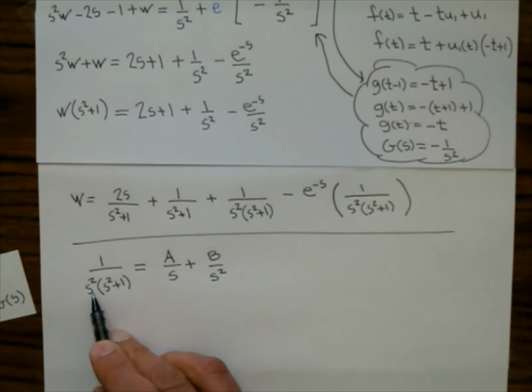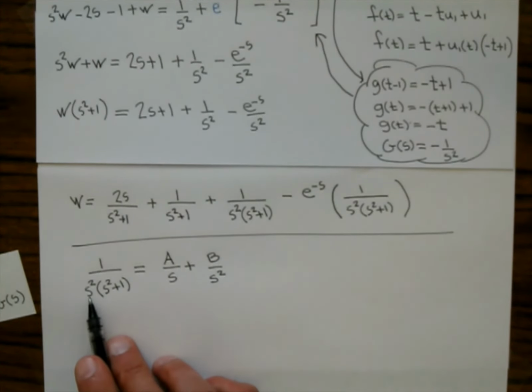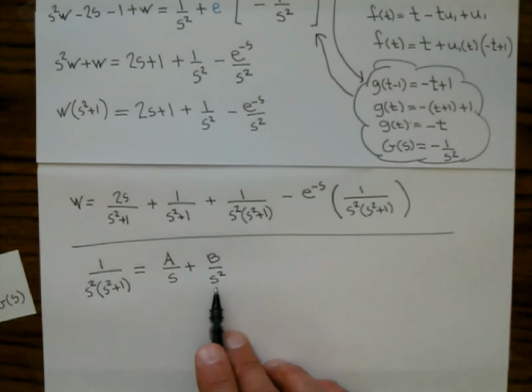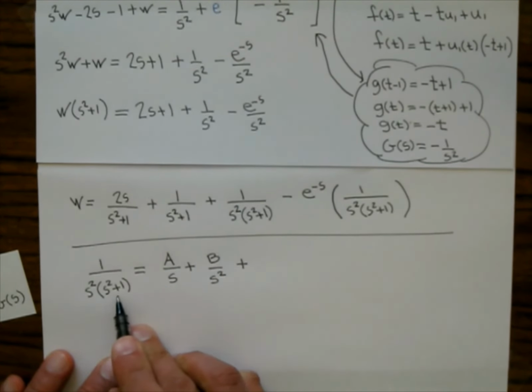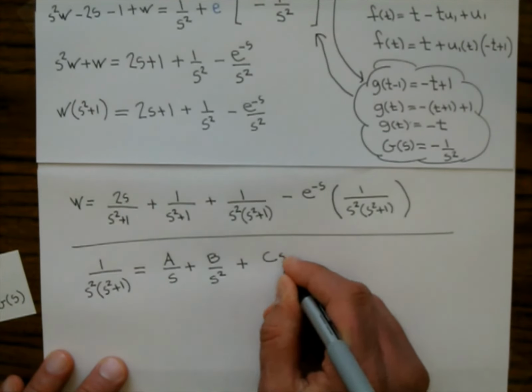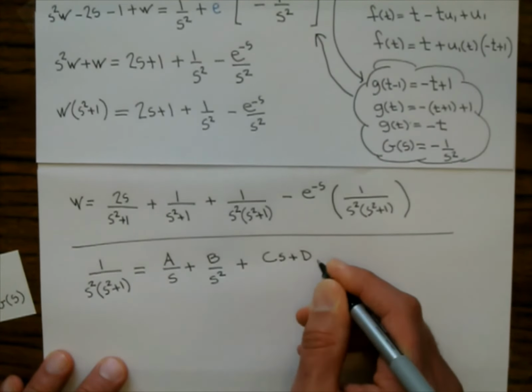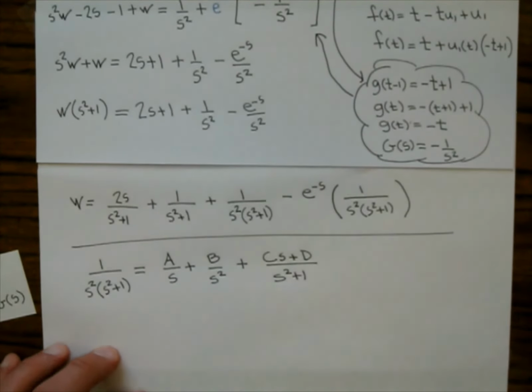Now, when it's just an s, you can do it this way, or you could have gone as plus b over s squared, which is exactly this right here. I decided to treat that as a linear and build it up until I got a 2 there. And then I do have a quadratic factor, and this is going to be cs plus d all over s squared plus 1.